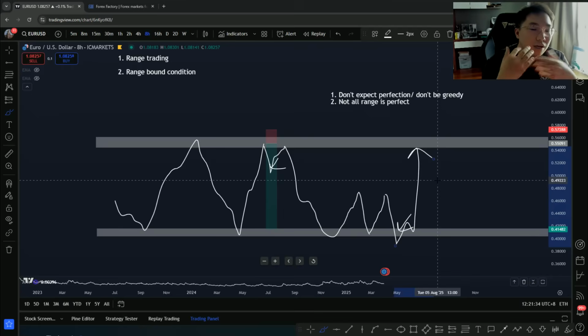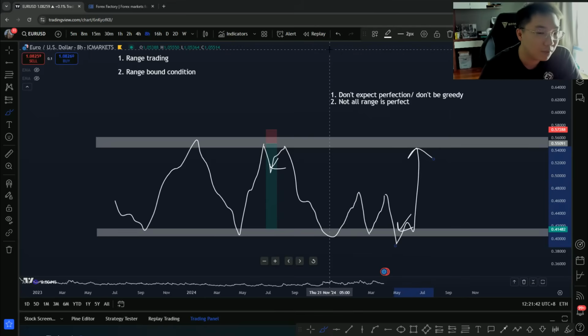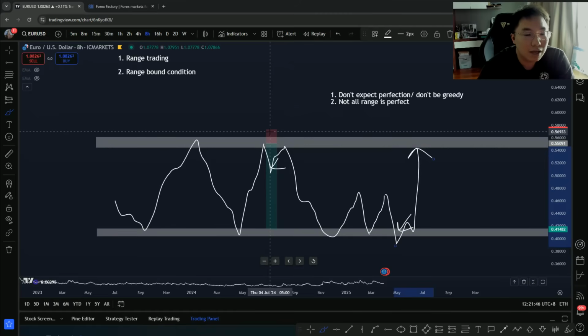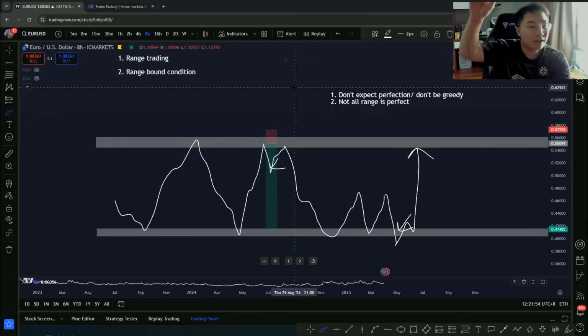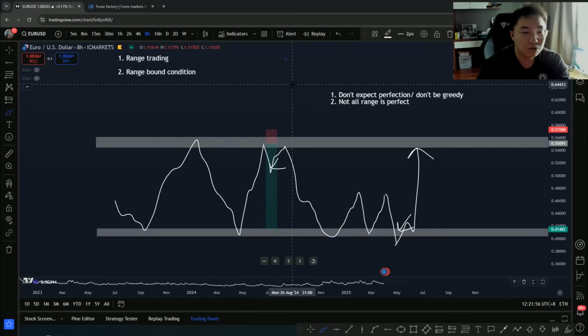So when you're trading a range, is there any sort of perfection? No. And that's also exactly why, when you're trading a range, you're supposed to have a very reasonable stop loss placement, because there'll be times where price really tries to fake out and then comes back below again, and it's still a range. Will the range be invalidated just because of one tiny poke, one tiny fake out candle? No. Because on the higher time frame, you have a long tail.